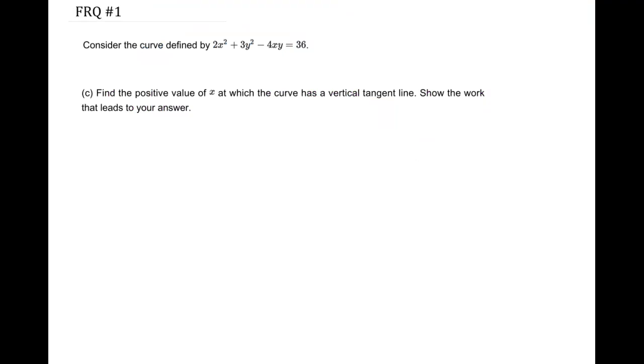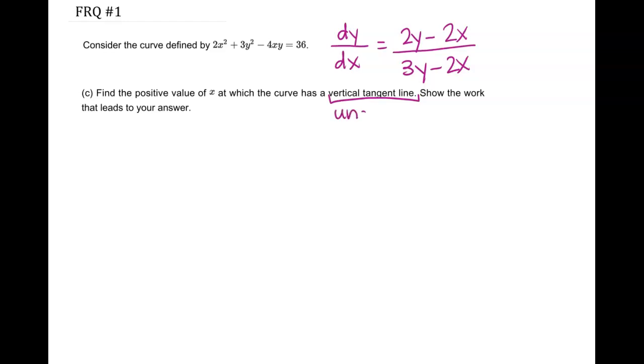Part C, we want to find the positive value of x at which the curve has a vertical tangent line, and we have to show our work. Once again, we know our derivative or slope of the tangent line, dy/dx equals 2y minus 2x over 3y minus 2x. And so now what we're looking for, a vertical tangent line, means we have an undefined slope.